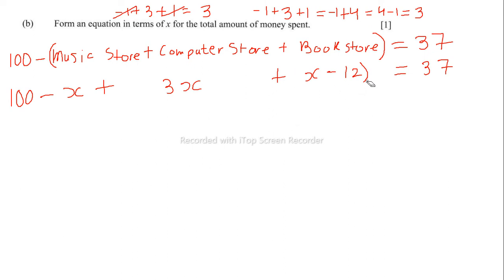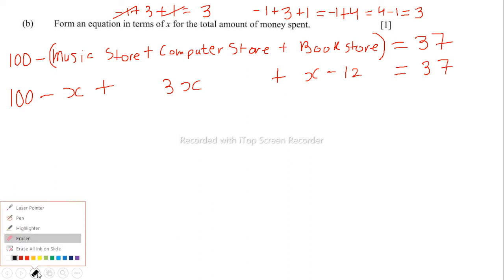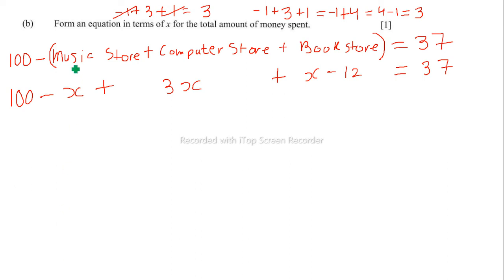There are different ways we could do it. What I would do is add everything in the bracket first, and then multiply the negative by what we have in the bracket. And so that's the problem.